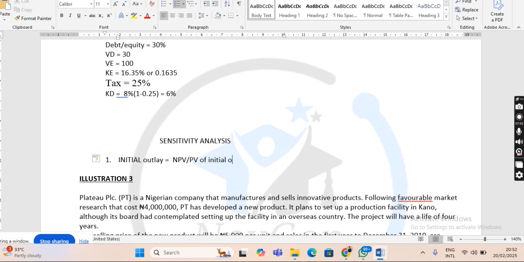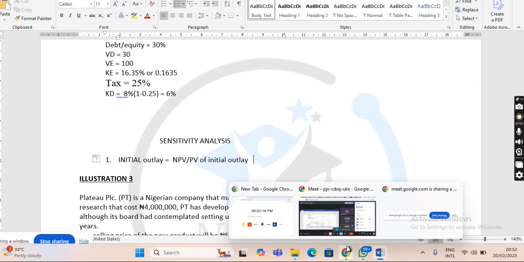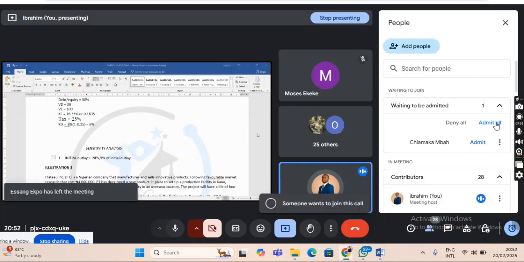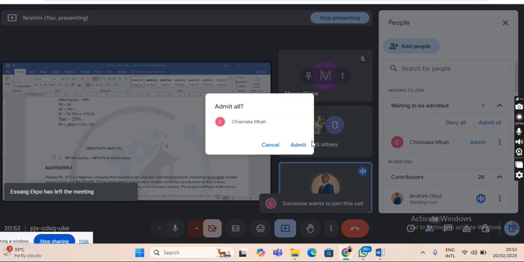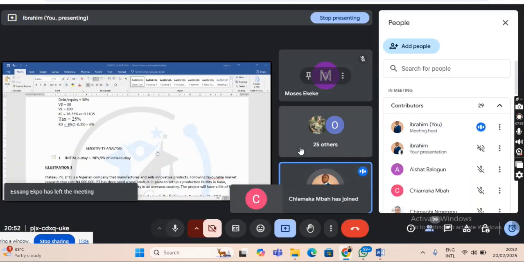I'll show you the initial outlay, the present value, class. Now, class, that is your sensitivity analysis. So when the question says to interpret the sensitivity analysis of the initial outlay, or what is the sensitivity analysis of initial outlay?